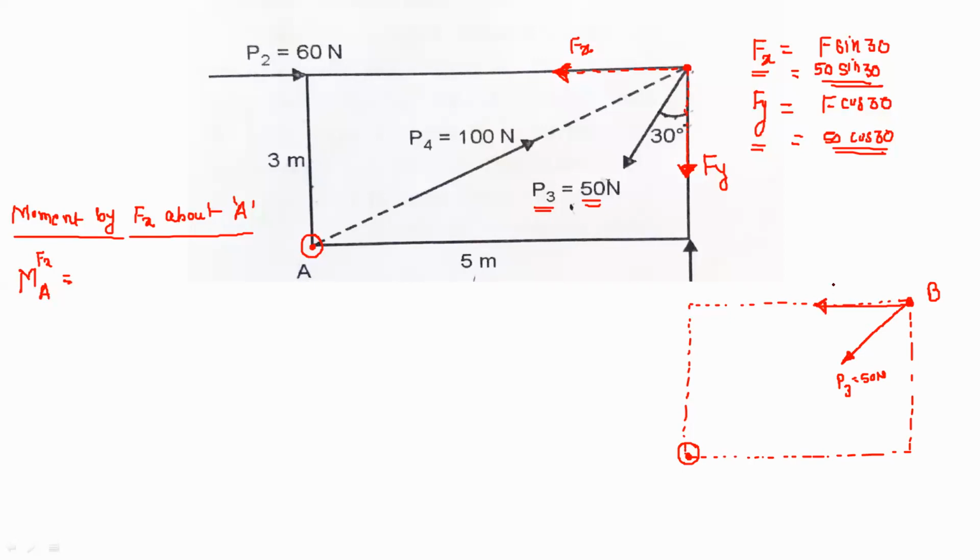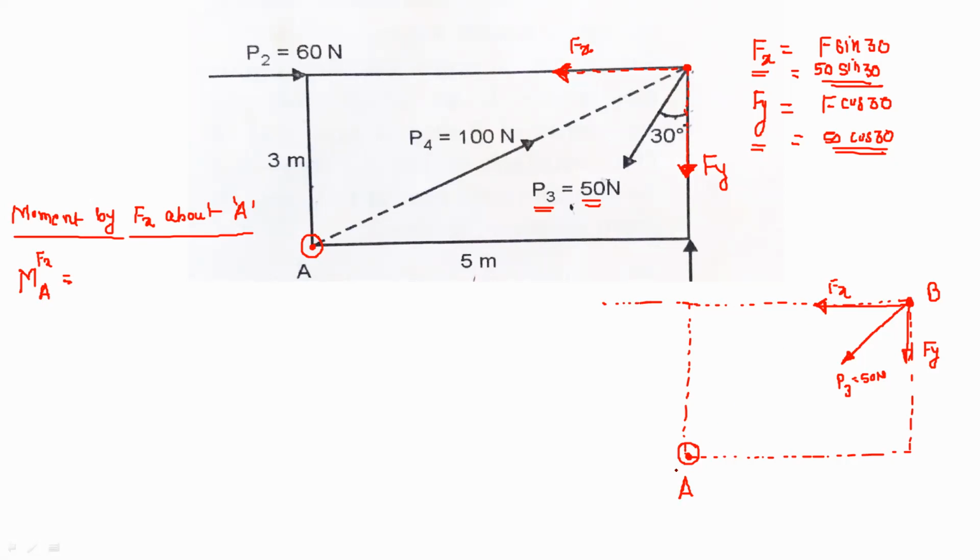So this is your Fx, and this component is the Fy. Now we have to find out the perpendicular distance of the x component and the perpendicular distance of the y component. For that, just extend this force and draw the line of action. So this dotted line is nothing but the line of action, the imaginary line which is passing through the force.